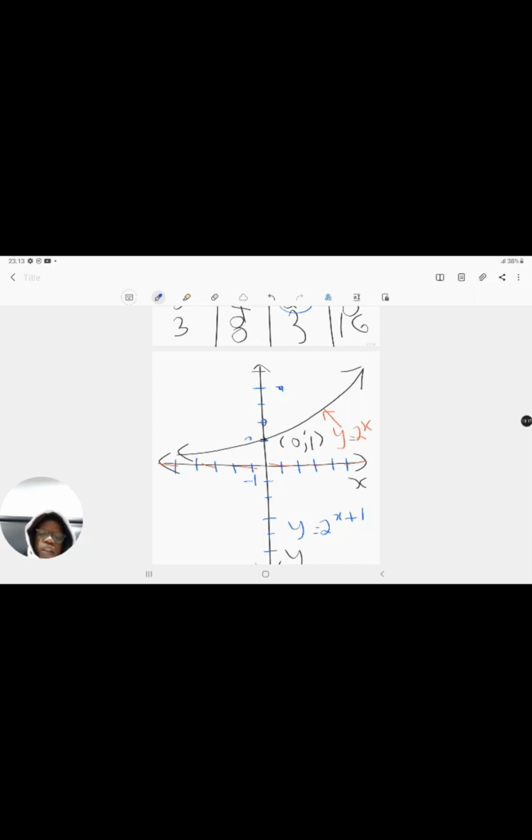So we've got our graph combining like that. I've actually not drawn this out well enough.